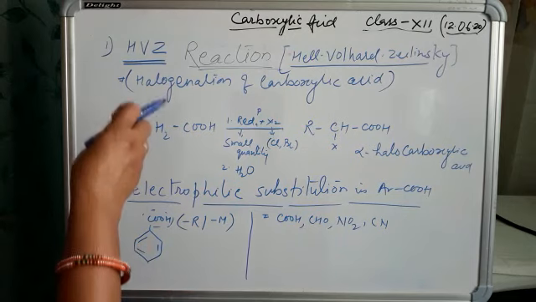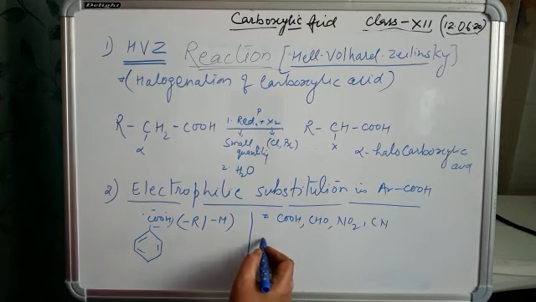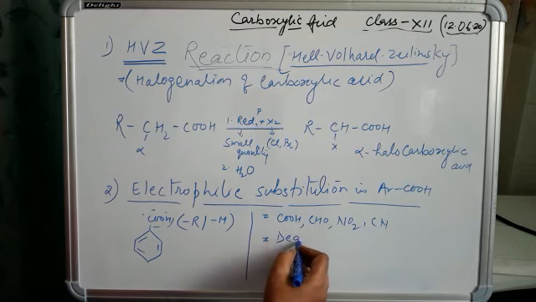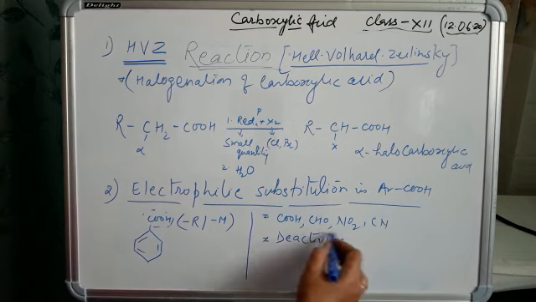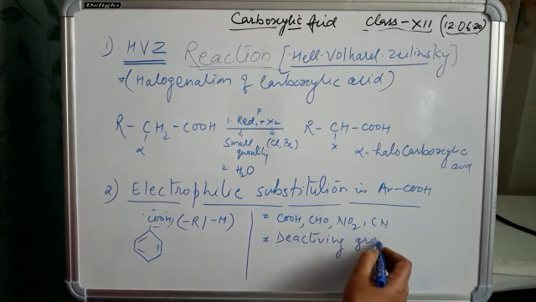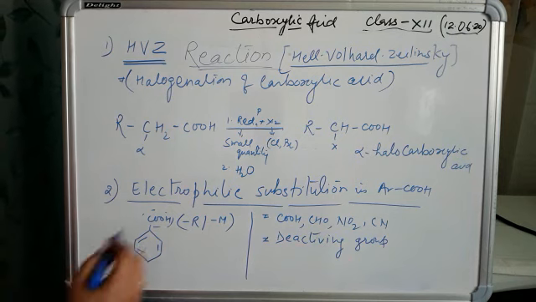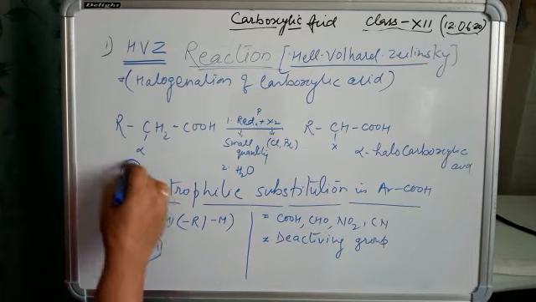They pull the electron towards themselves and decrease the electron density on the ring. So it is also known as a deactivating group.